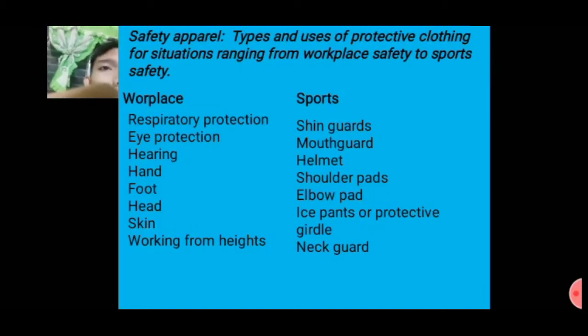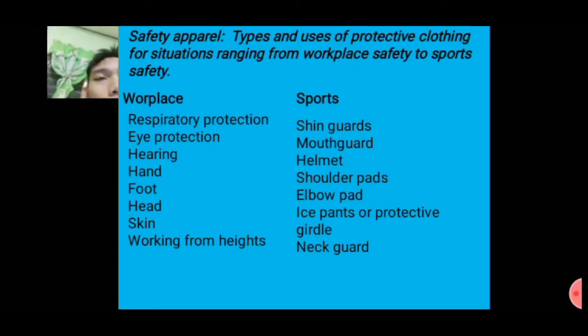So, the last one is the safety apparel, types and uses of protective clothing for situations ranging from workplace safety to sports safety. We have the workplace: respiratory protection, eye protection, hearing protection, hand protection, foot protection, head protection, skin protection, and working from height.